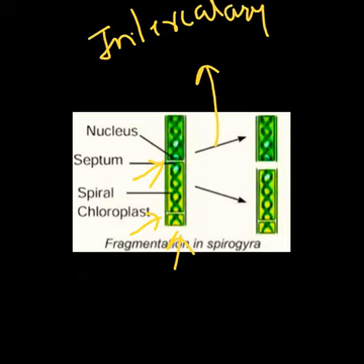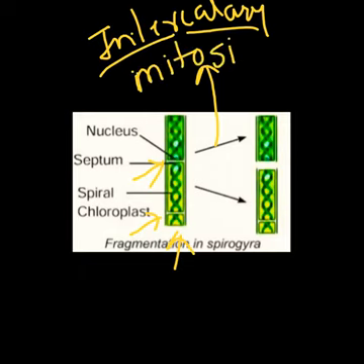See, what is the process? Intercalary mitosis. Mitosis मतलब आपको पता है क्या है? It is a kind of cell division in which the chromosome number remains constant. Okay. So by intercalary mitosis, the cells divide.